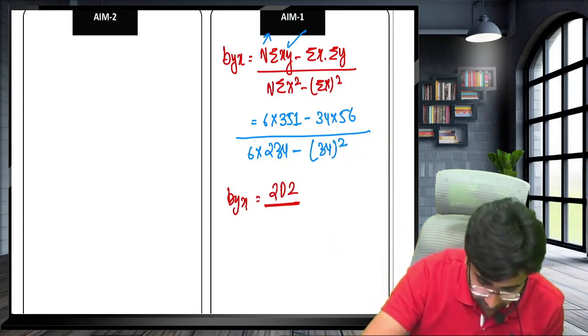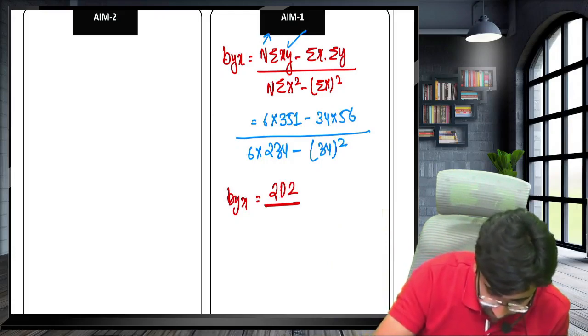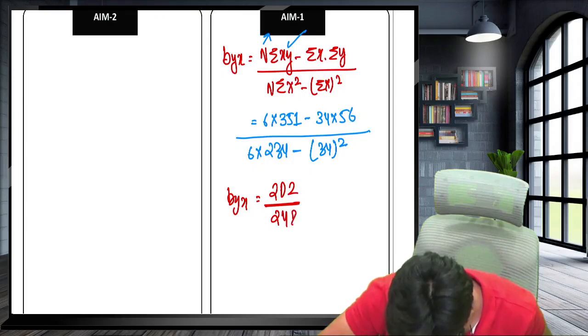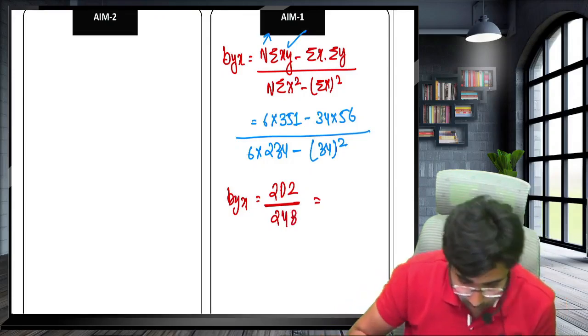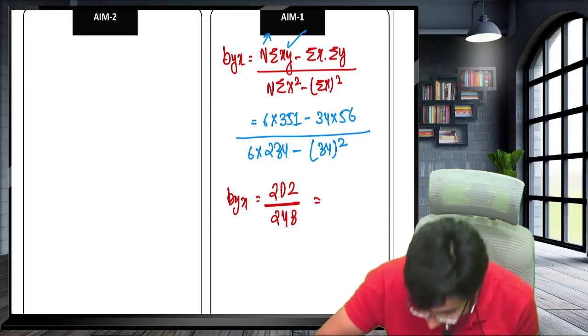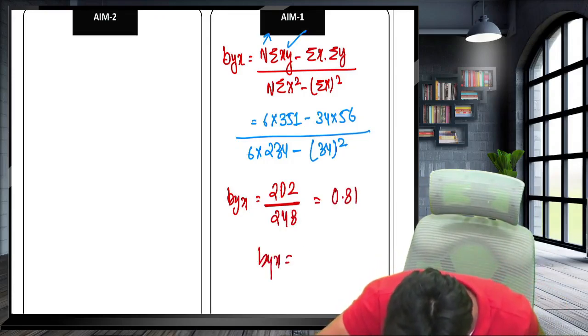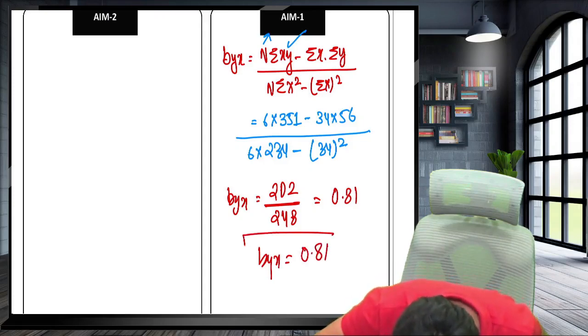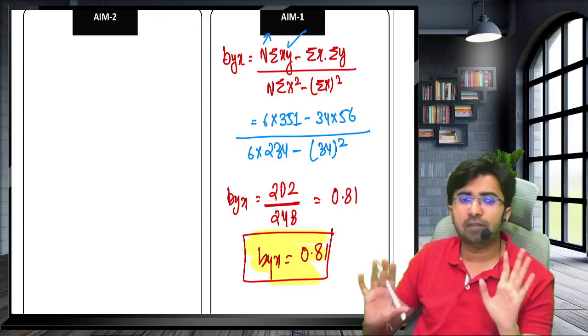Again, 6 into 234 is M plus, 34 into 34 is M minus, which gives 248. 202 divided by 248, guys, is 0.814. Rounding off to 2 digits, b y on x is equal to 0.81.